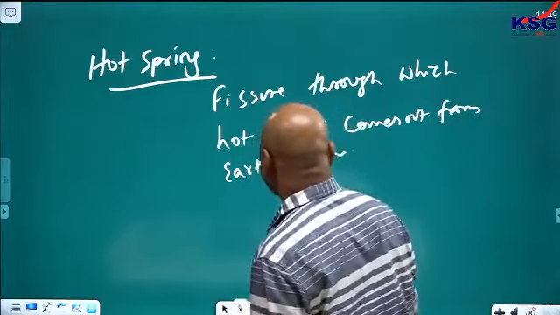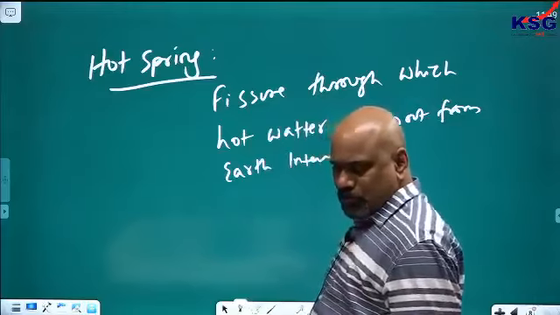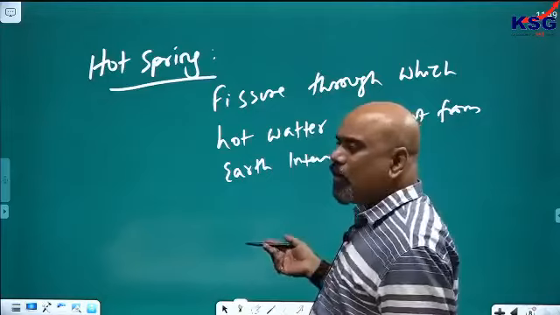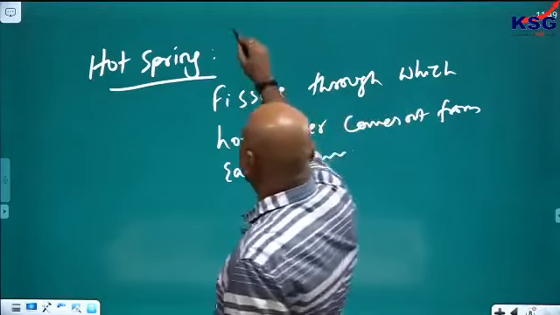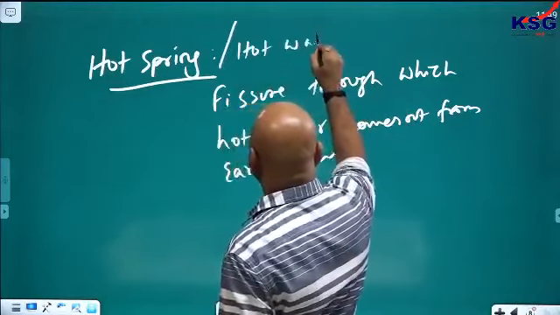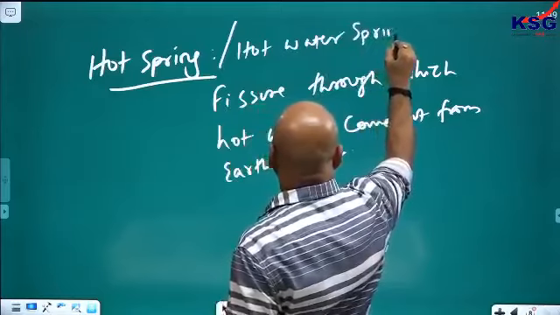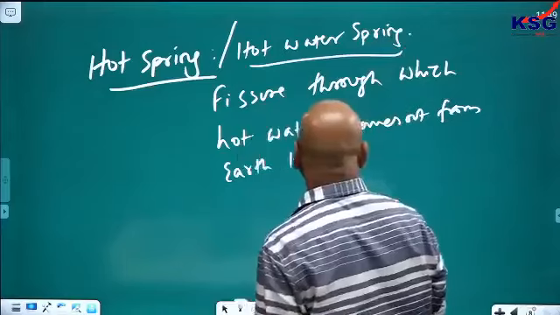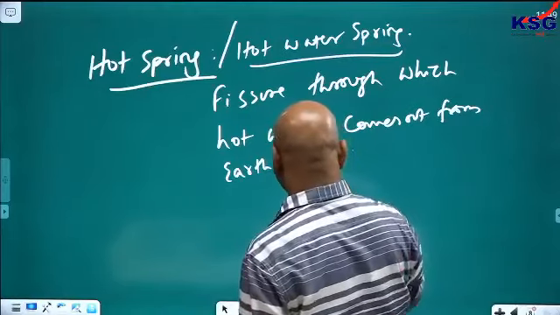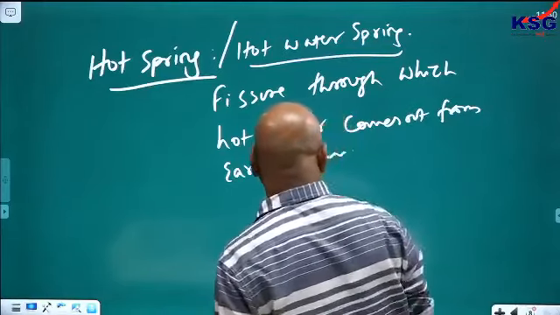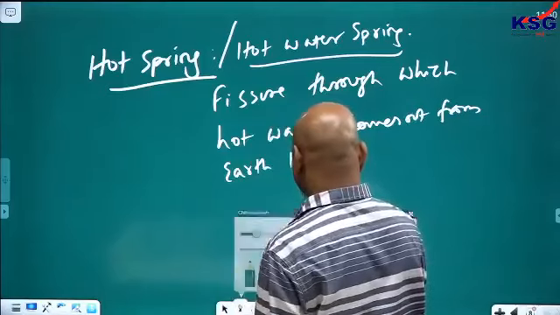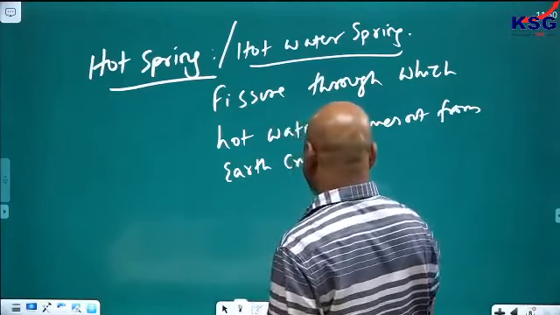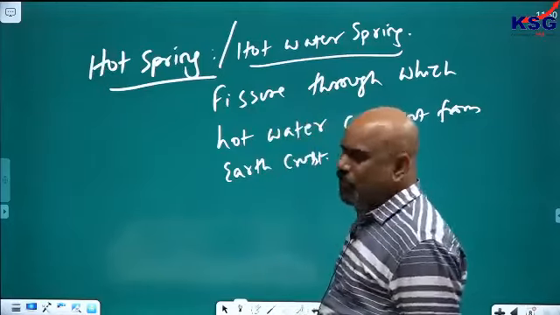From the crust, lower crust, maybe you will sometimes have hot water coming up, the hot spring. A hot spring is nothing but a hot water spring. Hot springs are fissures through which hot water comes out from the Earth's crust, the lithosphere.